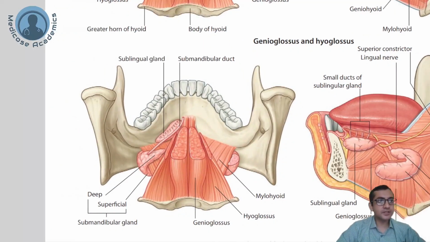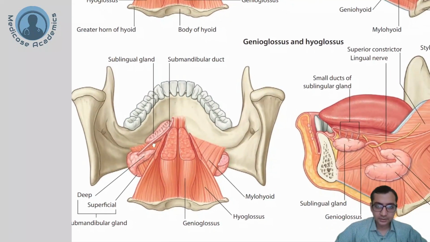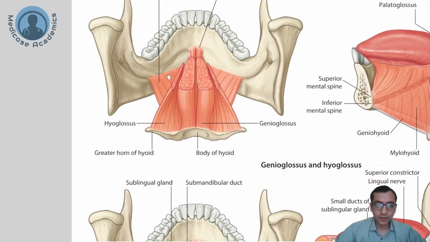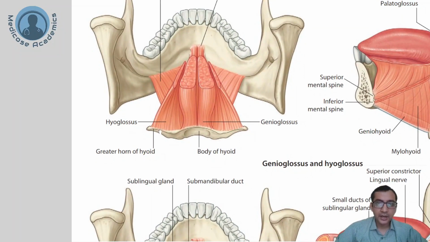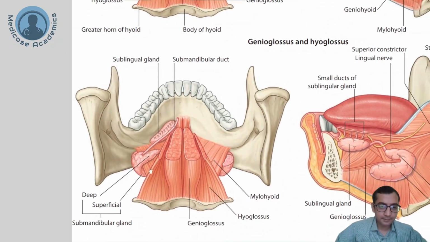Yes, this is a picture from Gray's Atlas. So here you can see the mylohyoid muscle and the posterior margin of the mylohyoid muscle. This is the mylohyoid muscle. And if we move to the picture below, you can see the submandibular gland.